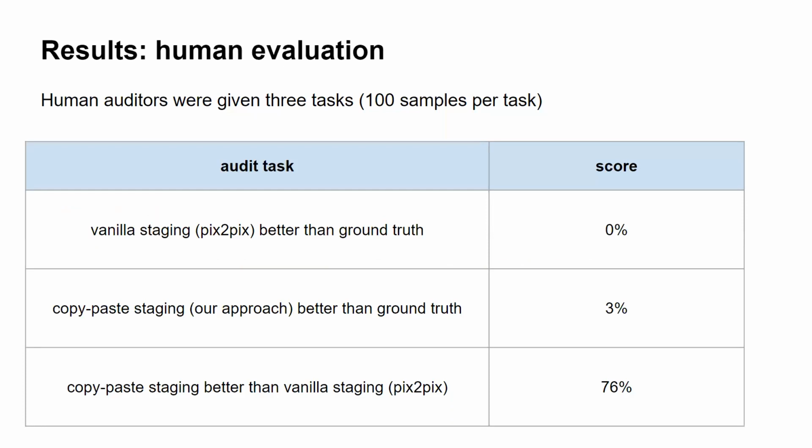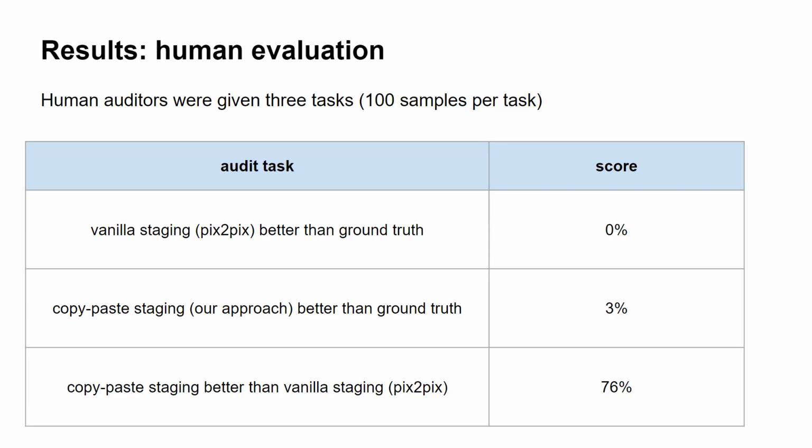That's expected. In the second task, we saw that in 3% of the samples, the copy-paste staging approach led to a better result than the ground truth image. So maybe it came up with a better background than in the original ground truth image.